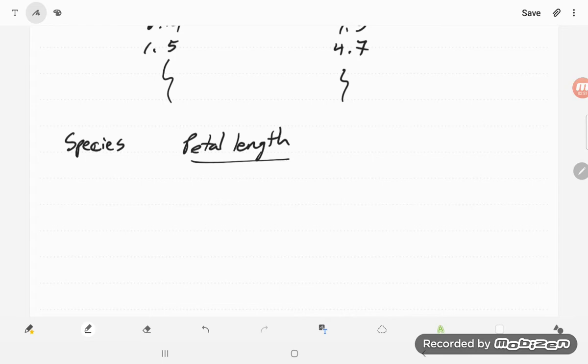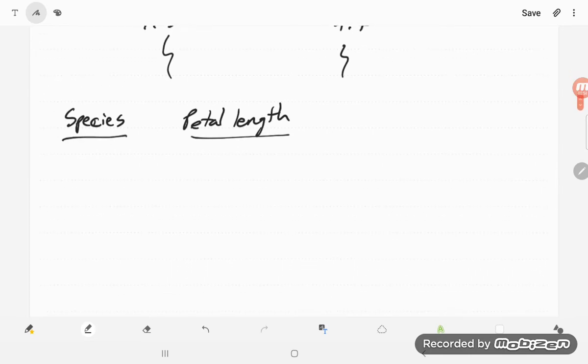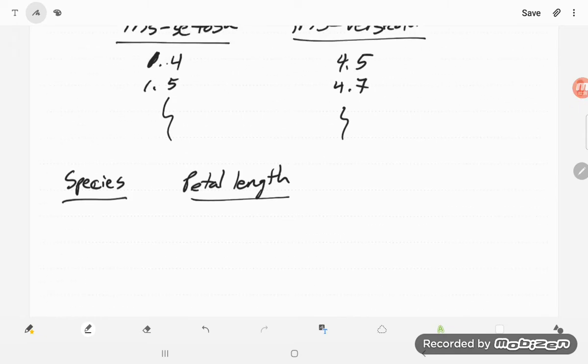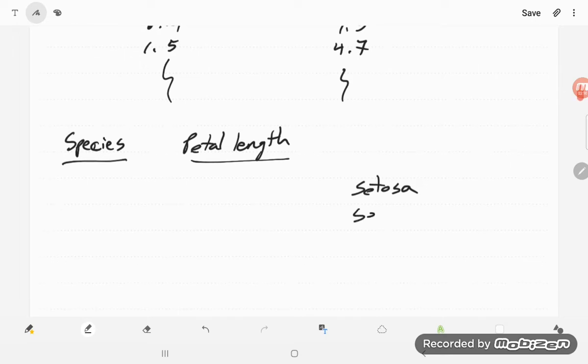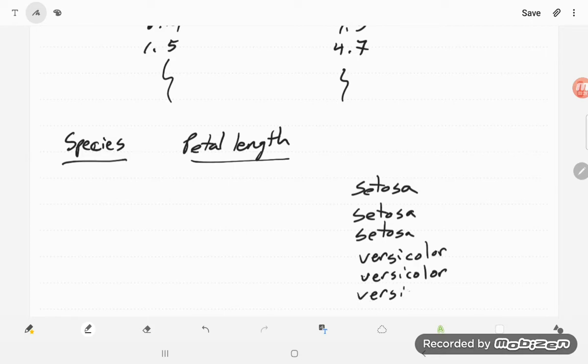Well, we're going to use what we call a dummy variable, and so our actual species maybe is setosa. I had to look back to make sure I had that spelled right. So I might have a bunch of setosas to begin with here, and then some versicolor. So these are the actual species right here.